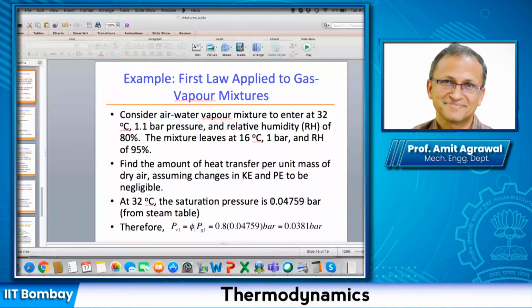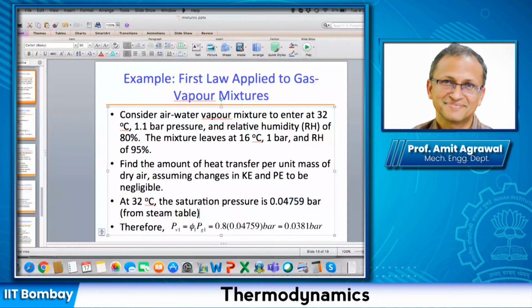If the mixture was saturated, this is the pressure that water would exert in this mixture. But because my relative humidity is only 80%, my partial pressure reduces by the corresponding factor. So it becomes 0.8 times the saturation pressure, and I get this number as my partial pressure of water vapor in my mixture.